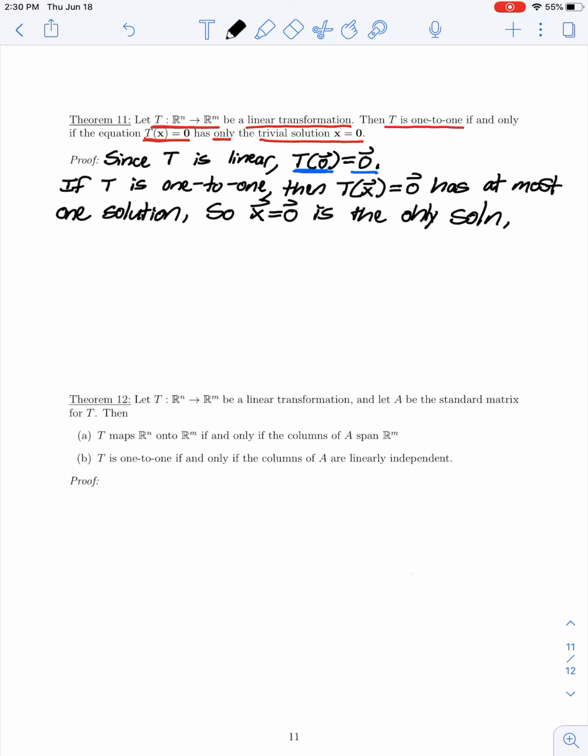So let's prove that by using a contrapositive statement. So let's say the following.